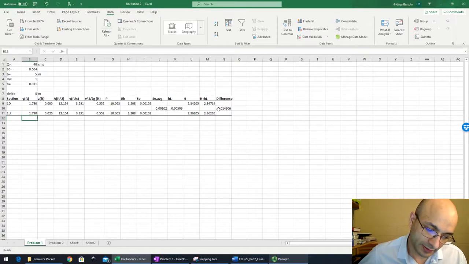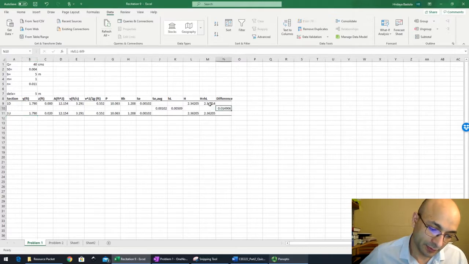The difference here is not exactly 0, so this is the difference between the total energy upstream and the sum of total energy downstream plus the head loss.